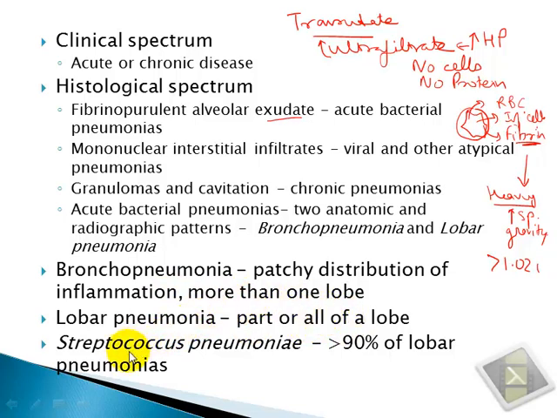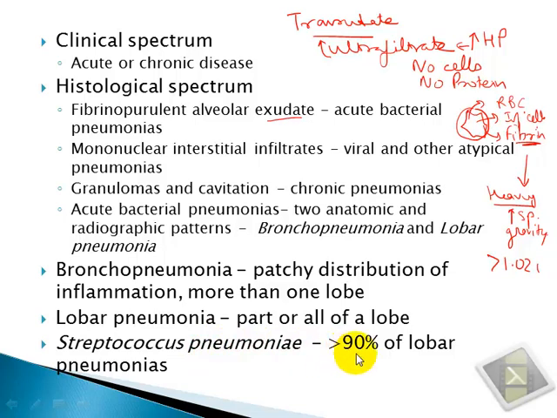We have a friend called Streptococcus pneumoniae who lives in your mouth as well. More than 20% of your oral flora comprises of Streptococcus pneumoniae, which is a gram-positive diplococci, right? So this bacteria is very commonly present everywhere, and it is the one which causes more than 90% of the lobar pneumonia.